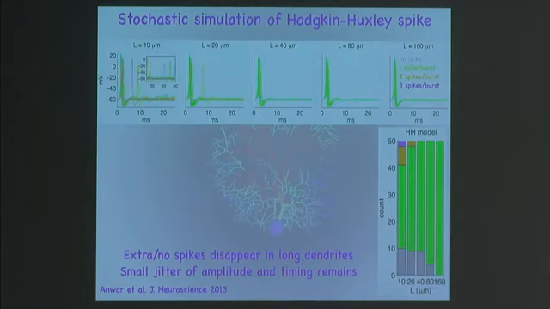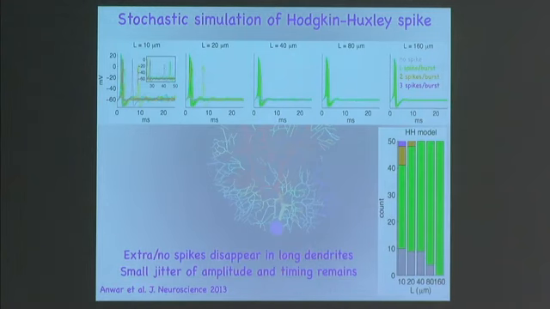And also a lot of jitter in the timing of these spikes. As you make the cylinder longer and longer, and go to the large system case, this stochastic behavior disappears. So we just replicate something that's known in the literature for gating of voltage-gated channels. And that's the important point here.